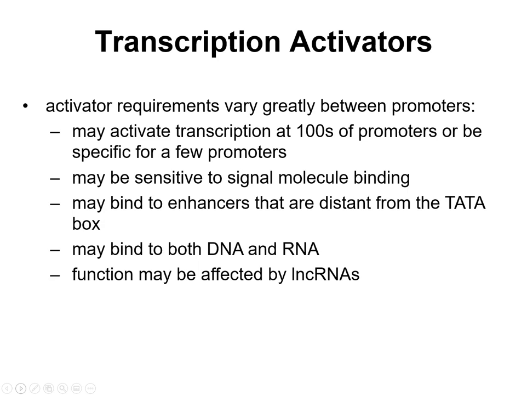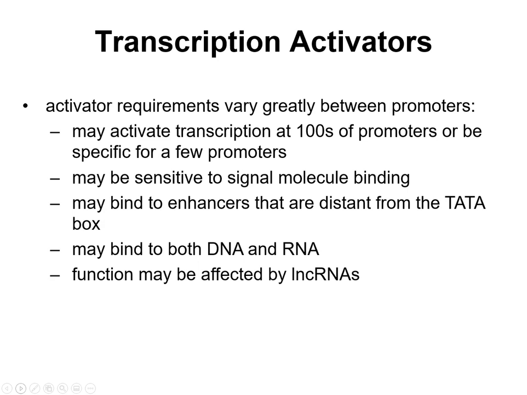They might be sensitive to signal molecule binding, which we'll talk about some of those at the end. Maybe it binds to an enhancer that's really far away from the data box. So you can see there's a lot of variation here. And this is really just to get you thinking about the possibilities so that, again, when we do case studies, you'll be able to kind of hit the ground running and already have the foundation for how the system might work.